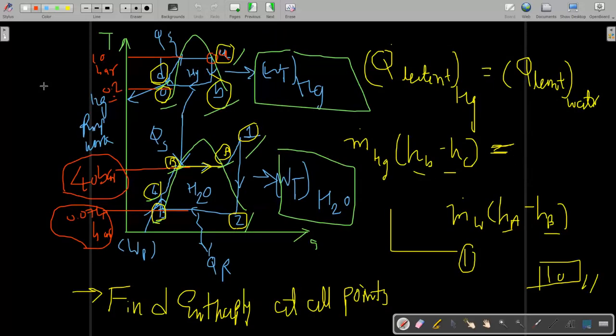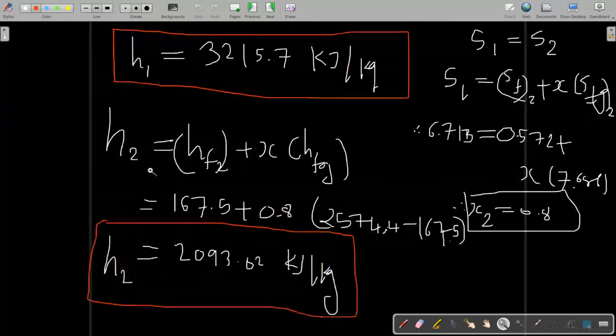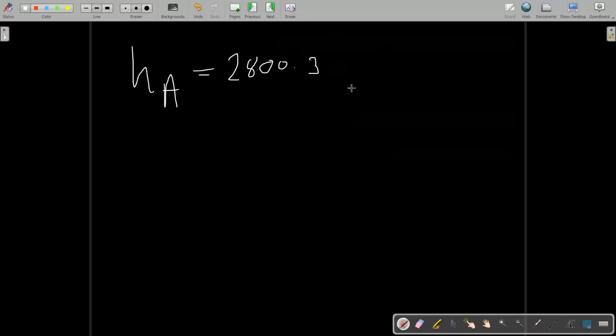Now just look back at the diagram. A and B are on the 40 bar line; point A is on the saturated vapor curve and point B is on the saturated liquid curve. So HA is simply the enthalpy value at 40 bar of saturated vapor. From the steam table you can find it is 2800.3 kilojoule per kg.